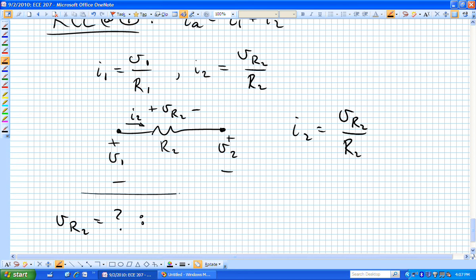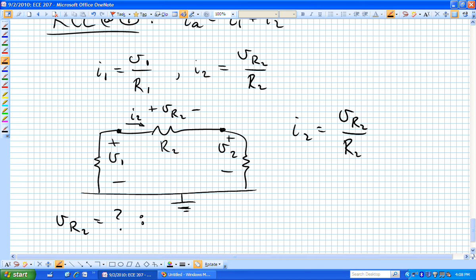Remember, this is basically the reference. This was maybe a resistor over here, but that doesn't really matter. We know that the left-hand node was V1, the right-hand node was V sub 2.